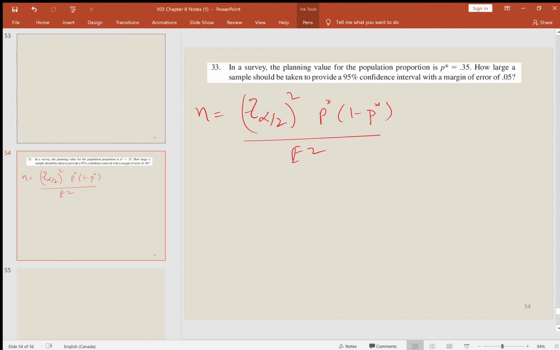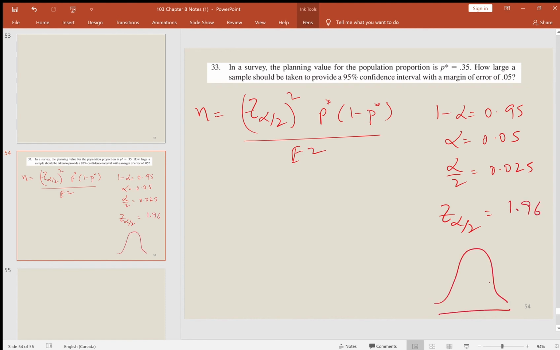So in this question 1 minus alpha is 0.95, so alpha is 0.05, alpha by 2 is 0.025, and so z alpha by 2 is 1.96, right? Because if you have 0.025 area here, then the z score should be 1.96. Okay, and then p star is given to us, and E is given to us.